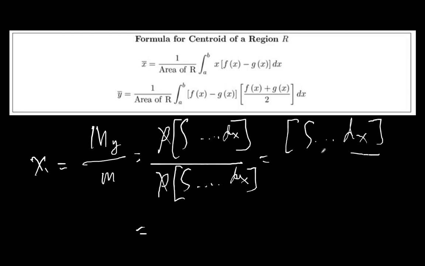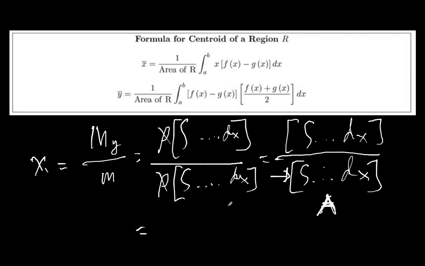All right, I'm not going to write the whole thing anymore. And the lower part, this part, is just the area, right? This is just the area of the given lamina or the region, correct? Because mass is equal to density times the area. Since we cancel the density here, what remains is just the area.